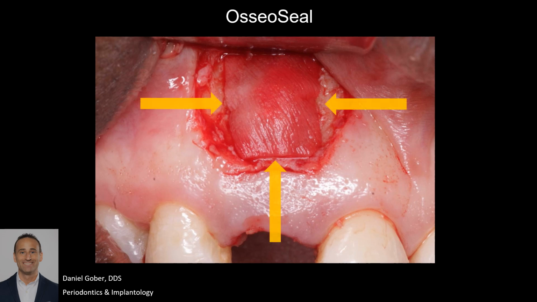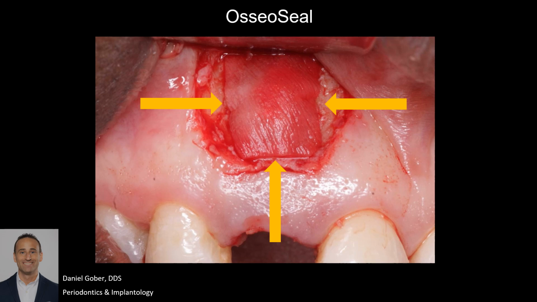And what I want you to notice is especially the margins of the membrane, they're intimately adapted to the surrounding bone. There's no space in between there. So essentially the membrane is just literally adapting to the defect and the area of regeneration so that all of the margins are closed.